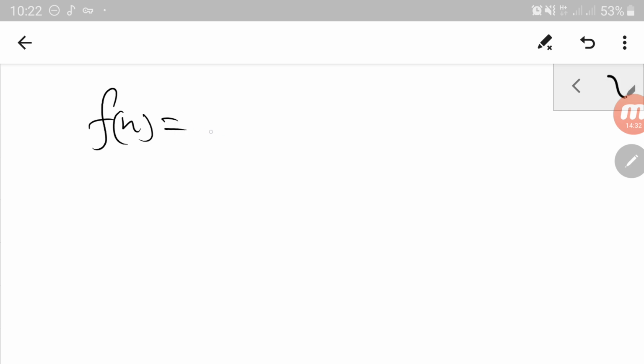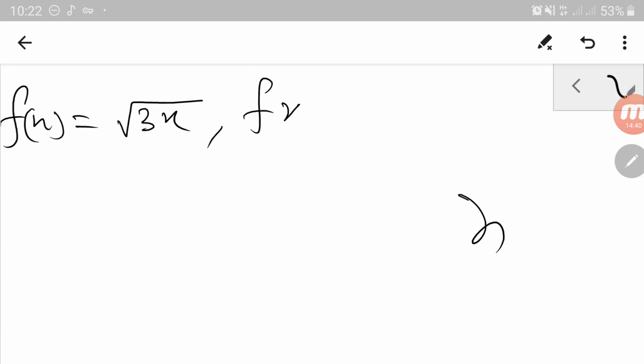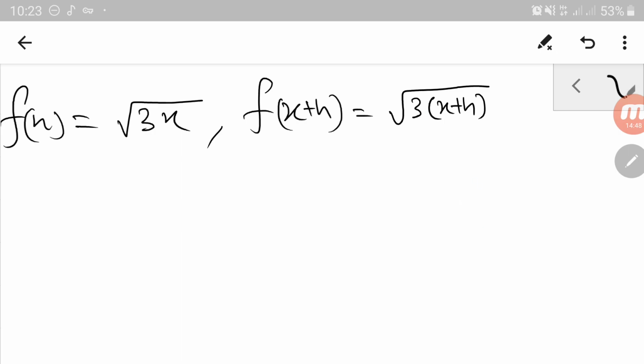f(x) equals square root of x. Now let's find f(x plus h). f(x plus h) is square root of x plus h. Don't want the 3, lose the 3, x only.